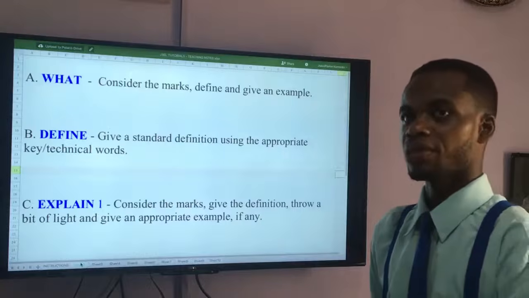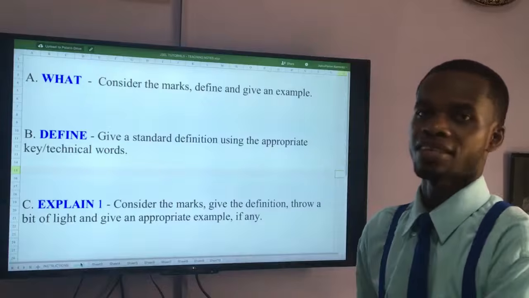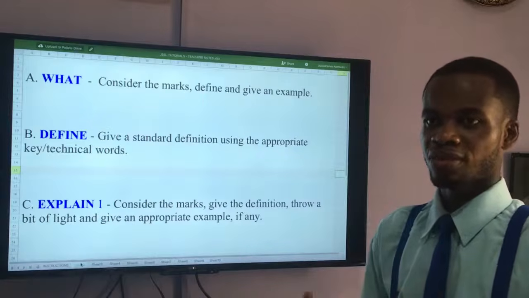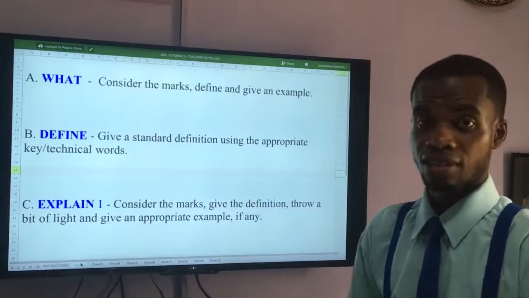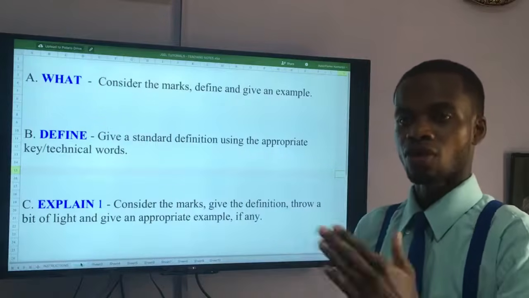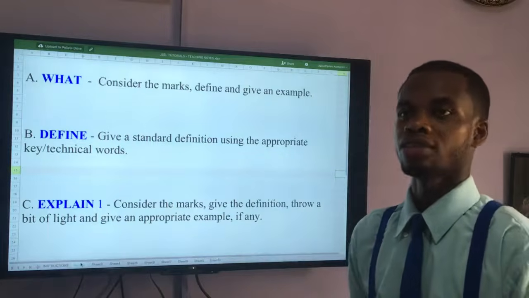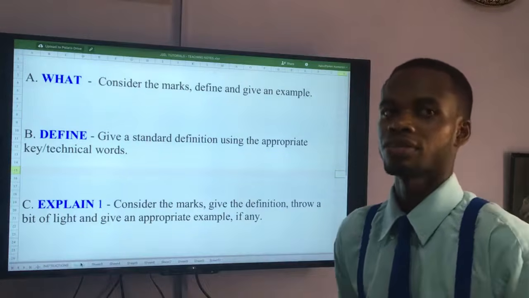So when you start "environment is", it's better than saying "it is". All right, so the examiner knows that, okay, you are defining environment. So environment refers, or environment is, our physical and social surroundings.